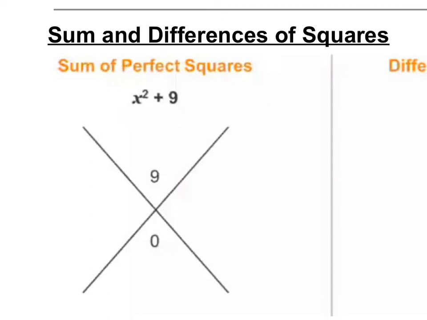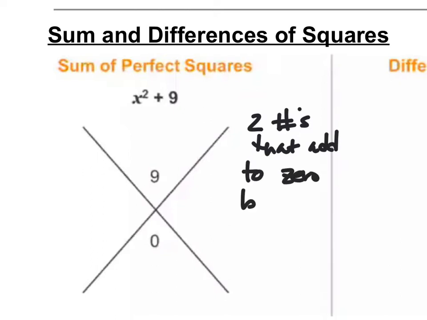On this one, let's talk about the sum of perfect squares, okay? Let's ask the question: I want two numbers that add to 0 but multiply to 9. And the answer to that is that there are none.